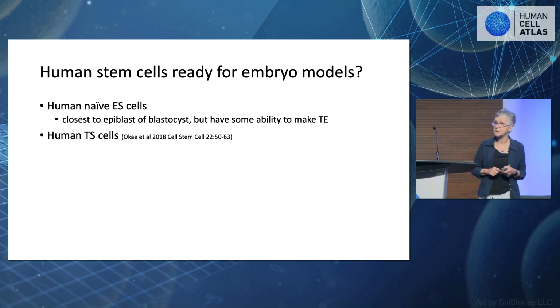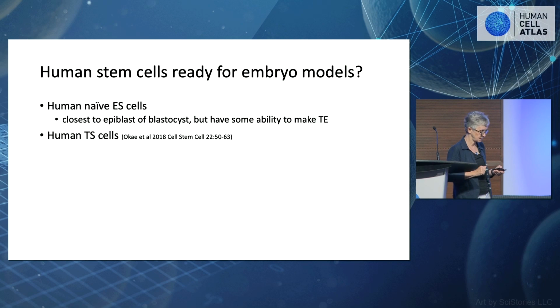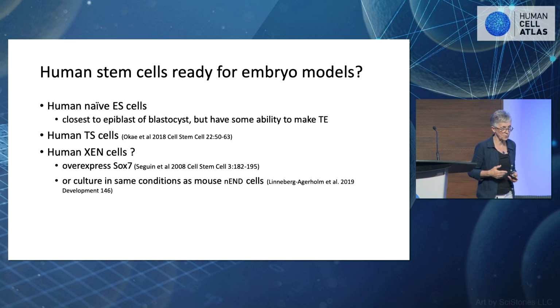But there have been human TS cells derived by a group in Japan that are more equivalent to slightly later stages, not the blastocyst trophectoderm, but they have been able to make TS cells. And there's a couple of different ways of generating Zen cells. We generated them by overexpressing SOX7, and other people have been able to grow them under special culture conditions and get cells that do seem to respond and look like the Zen cells that we see in the mouse. So we've got stem cells.